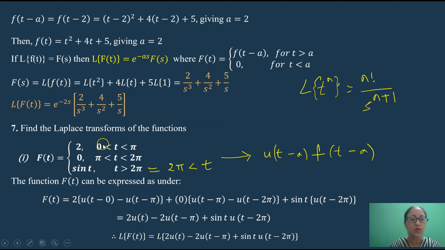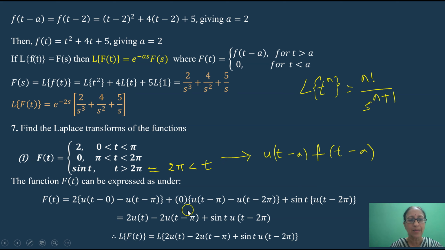So what do you get? u of t minus 0 minus u of t minus pi, plus now the second value of this function, that is 0 into u of t minus pi minus u of t minus 2 pi, plus this third value, that is sin t into u of t minus 2 pi, because 2 pi is the lower limit, right? So sin t into u of t minus 2 pi. Here the upper limit is not given, so we have taken only the lower limit.